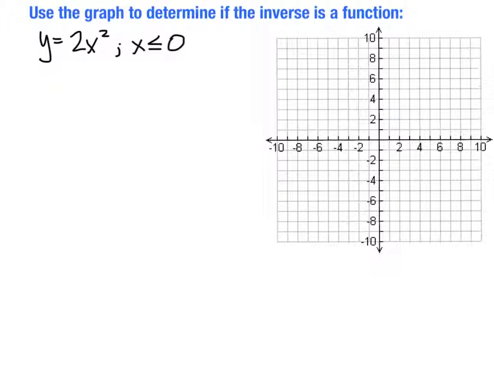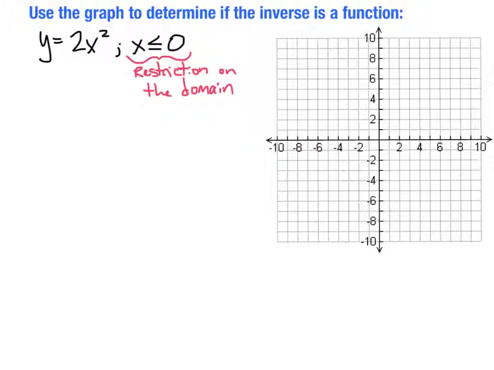Alright, we're going to do it again, this time with a quadratic, y equals 2x squared. But notice that it's only for the x's that are less than or equal to 0. Okay? So this is a restriction on the domain.